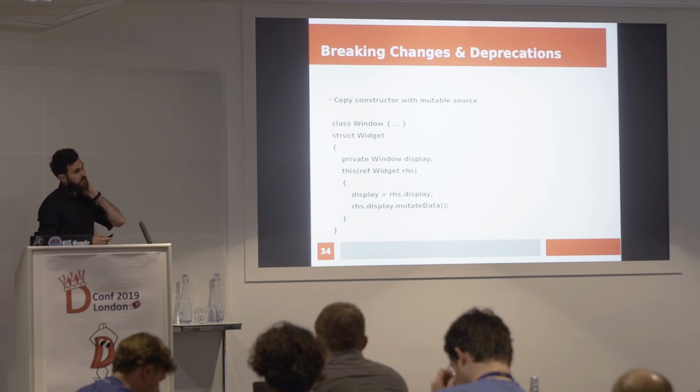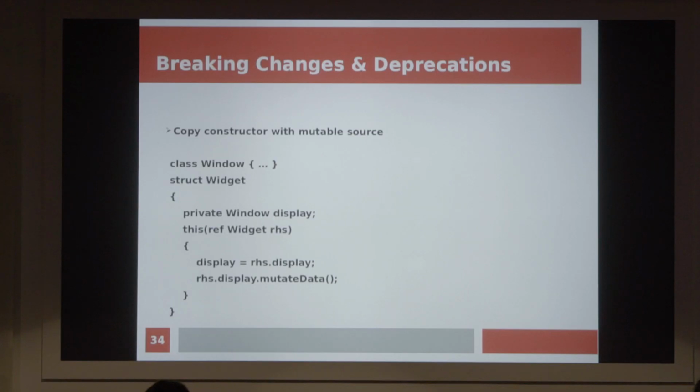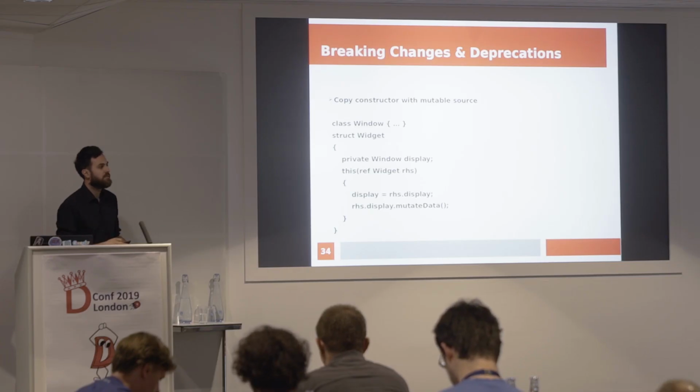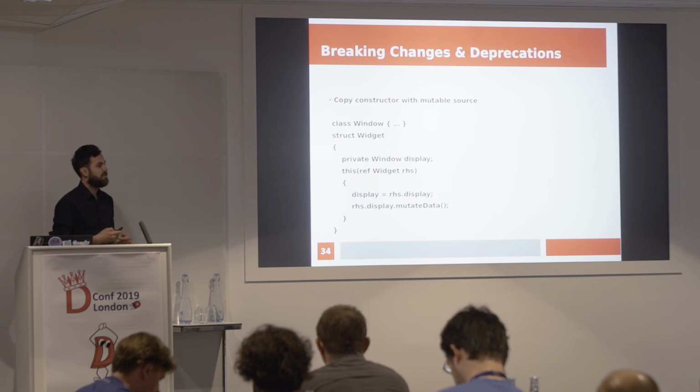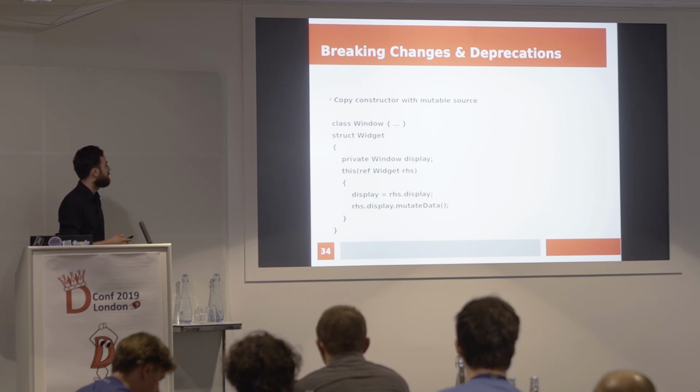Of course, the copy constructor introduces some breaking changes, and one that was talked about a lot in the forums was the fact that you can pass a mutable source. So basically, you can modify the source in your copy constructor. The argument to this was that C++ does not allow it. I want to say that this is false because C++ does allow mutable sources.